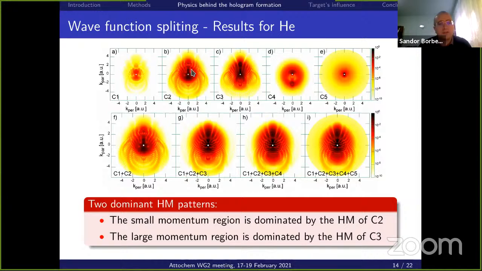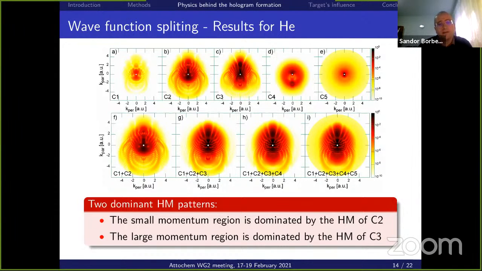So if you see here, by adding up the first two wave packets, the result is the same as the second wave packet, because the first one is a very weak wave packet. But if you add up the second and the third wave packet, the resulting interference pattern is very close to the final one.